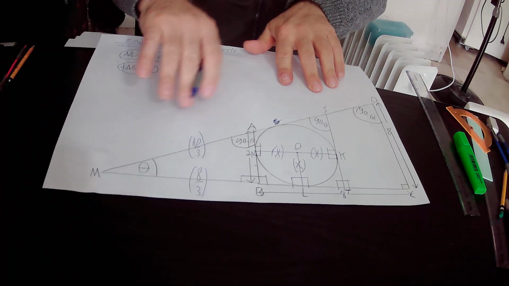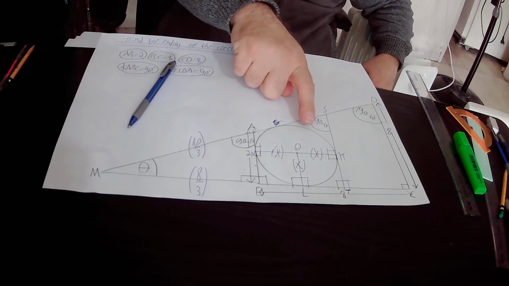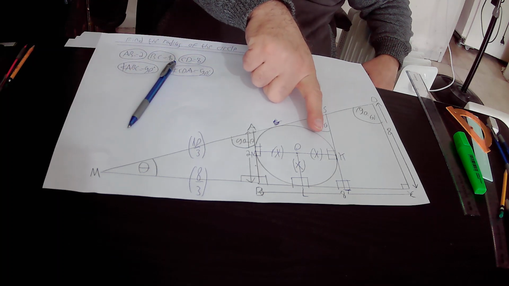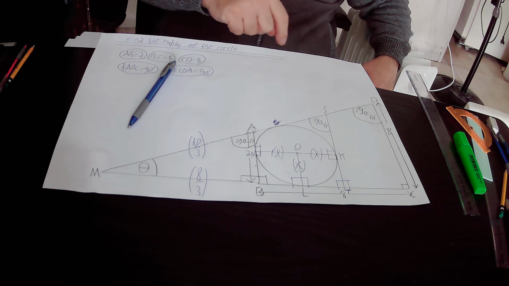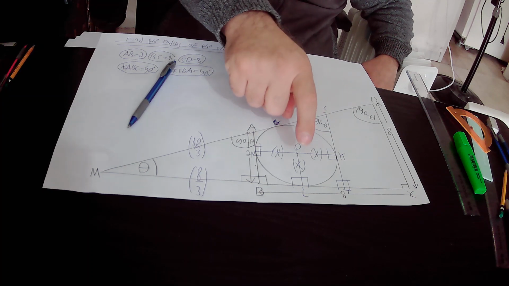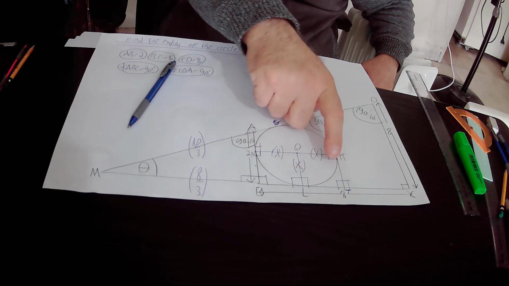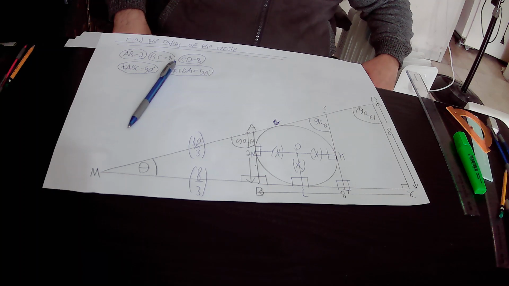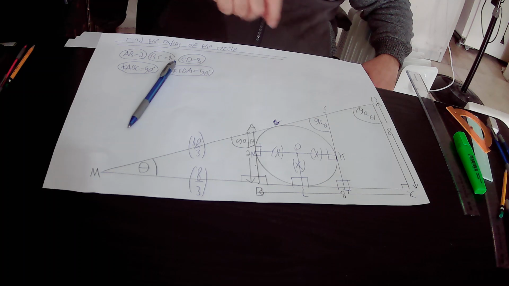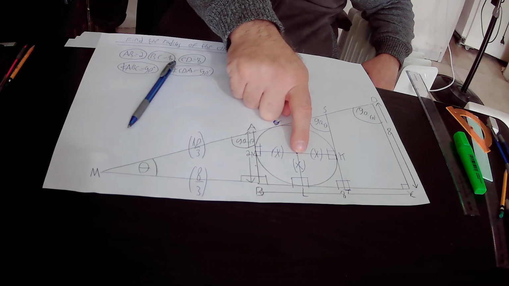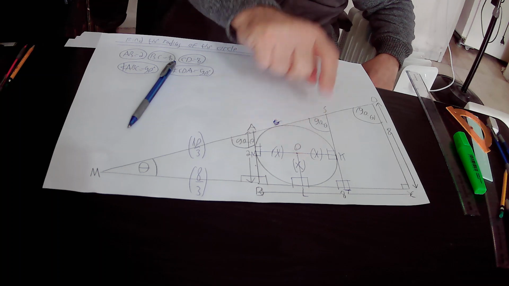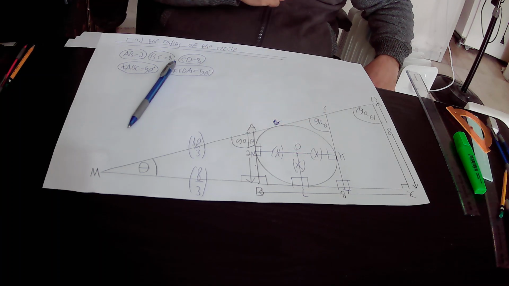In the next step, we'll focus on the small quadrilateral OKLT. In this small quadrilateral OKLT, we have 1, 2, 3 right angles. The sum of the right angles is 270 degrees plus the missing angle. In total, they must be equal to 360 degrees, according to the rule that the sum of the angles in any quadrilateral is equal to 360 degrees.